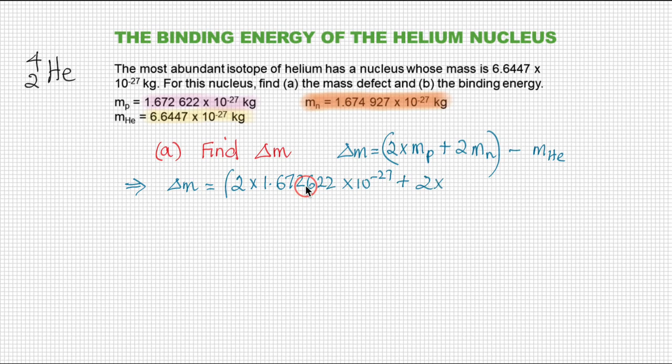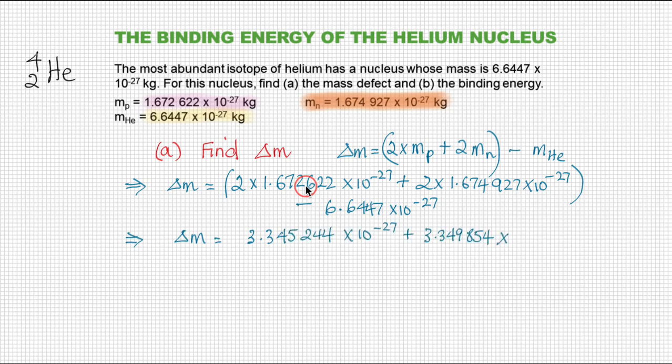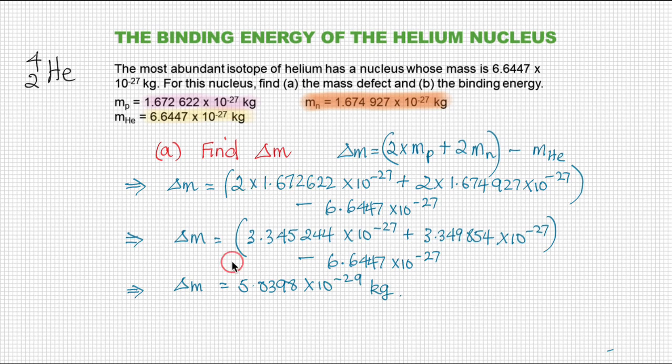So let's put the values in, and as we do the calculations, be careful that these 6 decimal places can sometimes be a little bit tricky to work with. If we add that together, we come out with a mass defect, delta M being the mass defect, 5.0398 by 10 to the minus 29 kilograms.